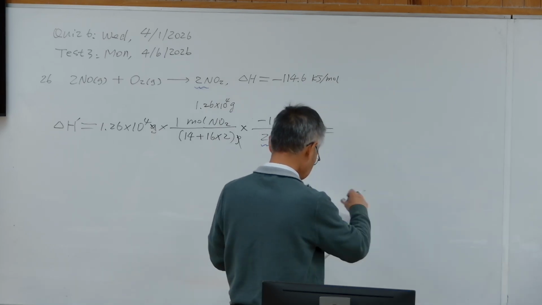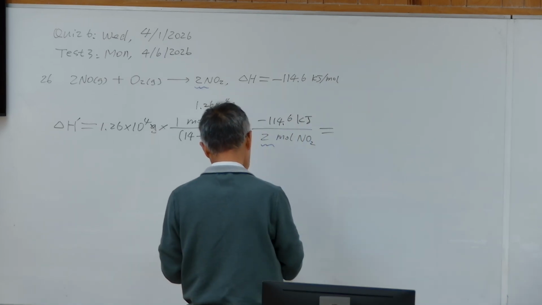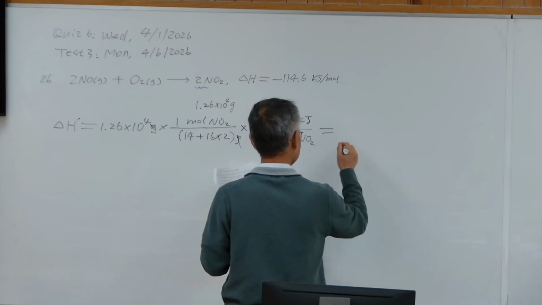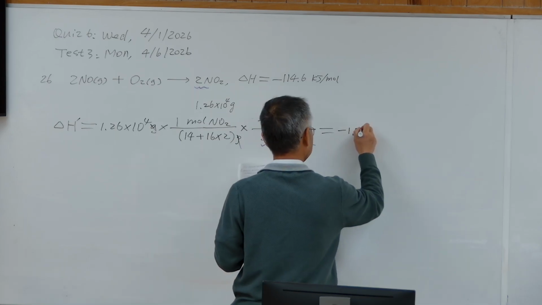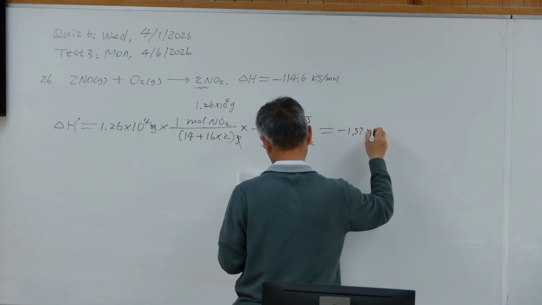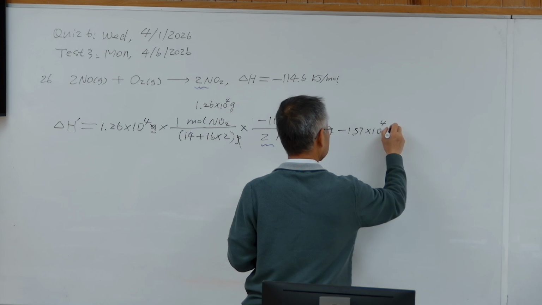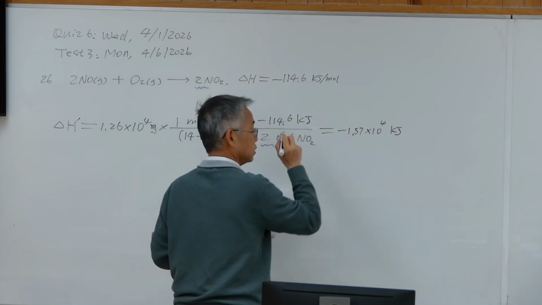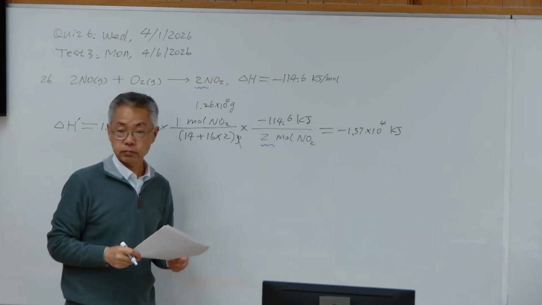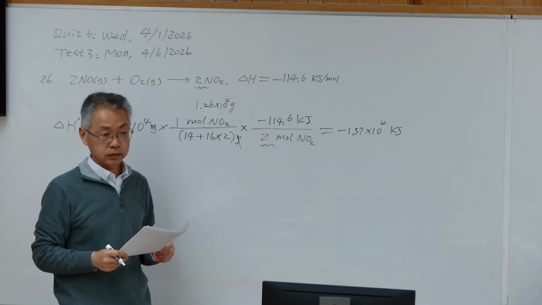Using the calculator, we easily get negative 1.57 times 10 to the fourth power. The unit is kilojoules. Are you okay with this?